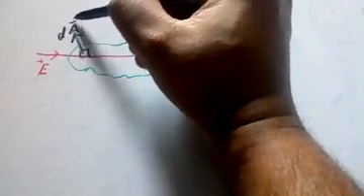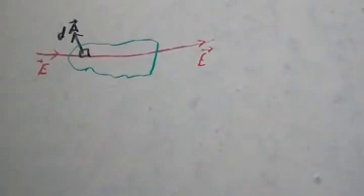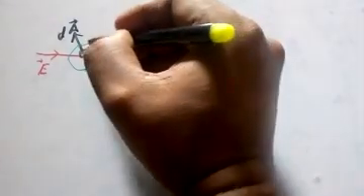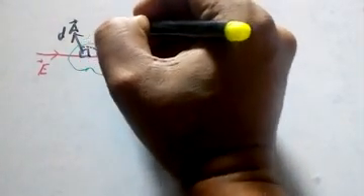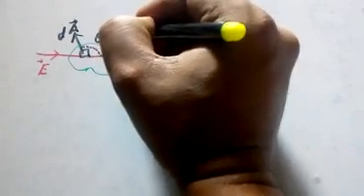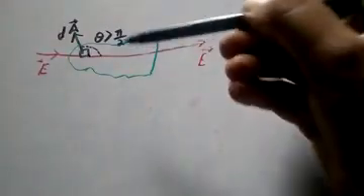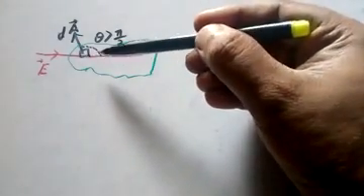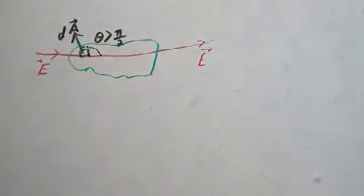Now notice the angle here. The angle is theta. Just see this angle. This angle theta is greater than 90. 90 means pi by 2, and pi is 180. So in this case, the angle theta between the area normal and the electric field is greater than 90.